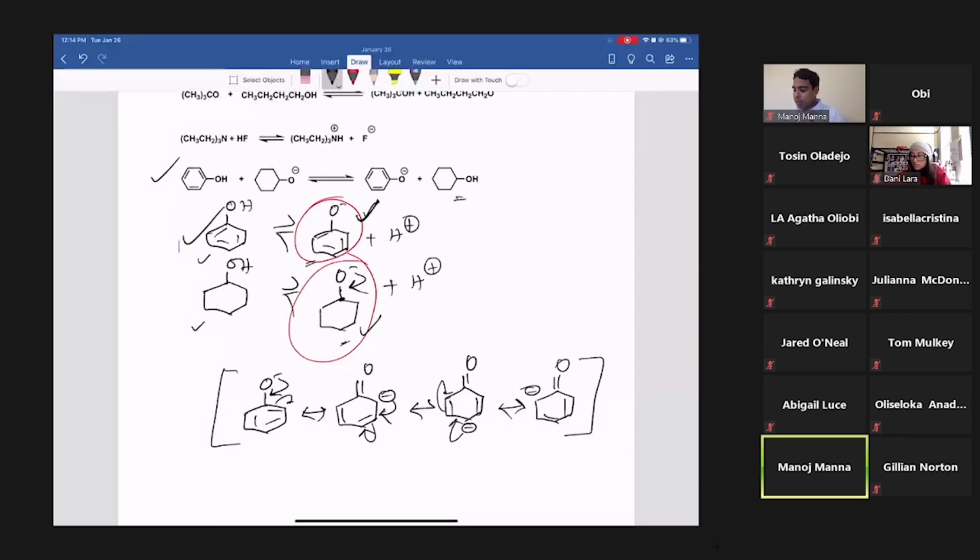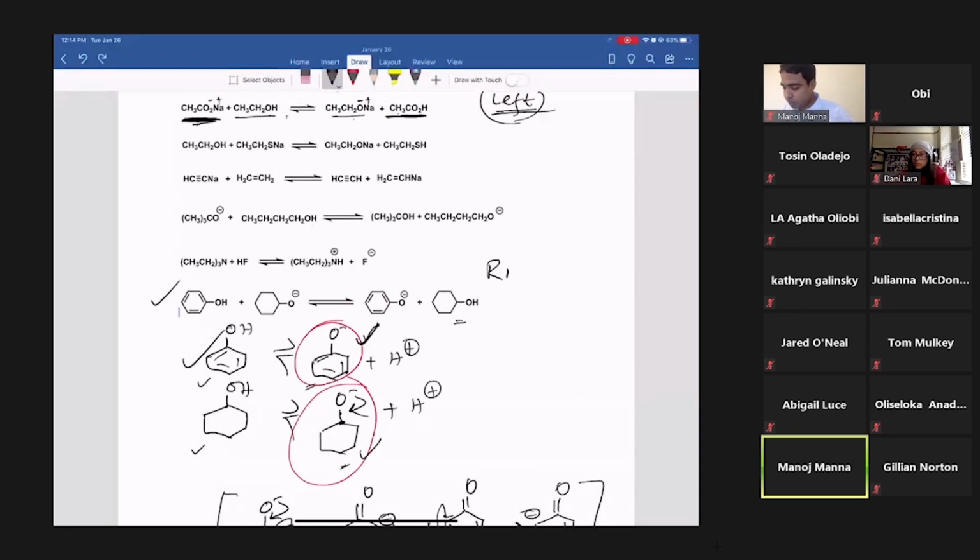And I also mentioned the conjugate base stability. So will the equilibrium shift left or right? Right. Yes, very good. The equilibrium will shift towards the right, in this direction.